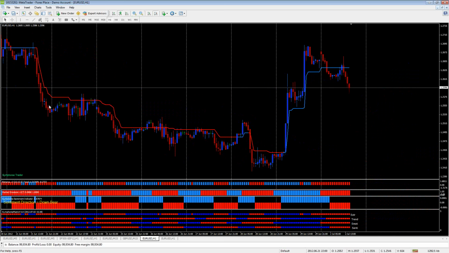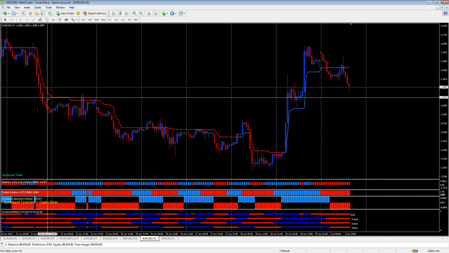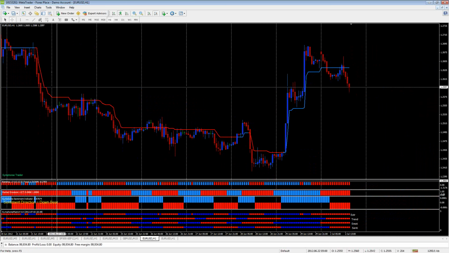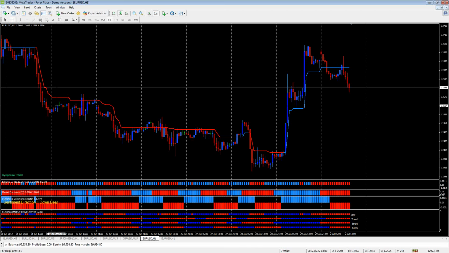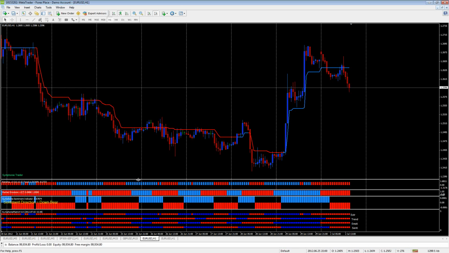Let's say you took this downtrend, and we have here this blue brick, the extreme changing from red to blue, then probably you would exit around here. That's the most conservative, telling you to exit when the extreme indicator changes from blue to red or from red to blue.